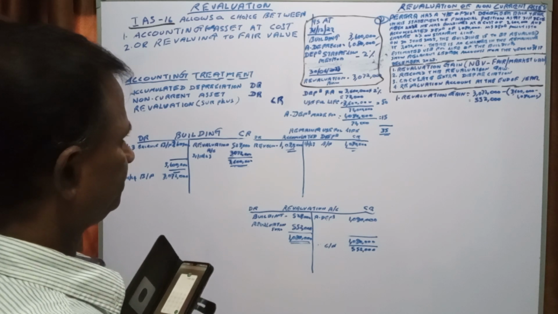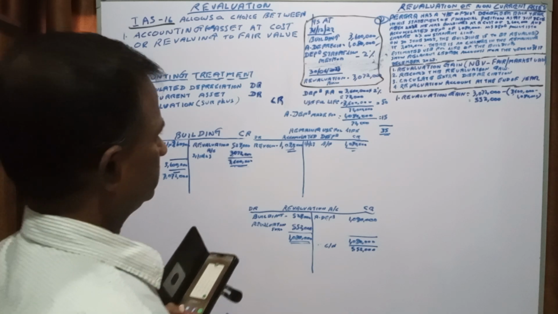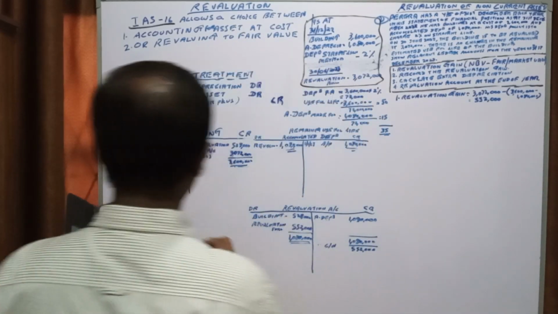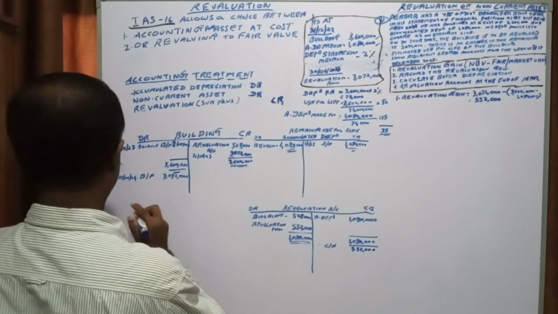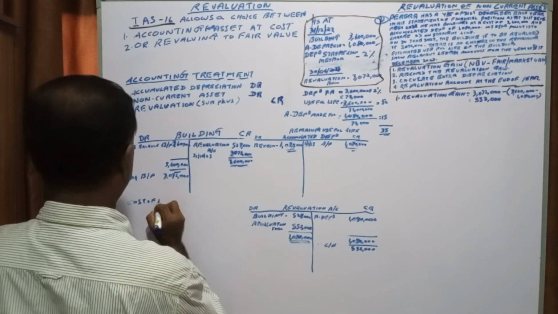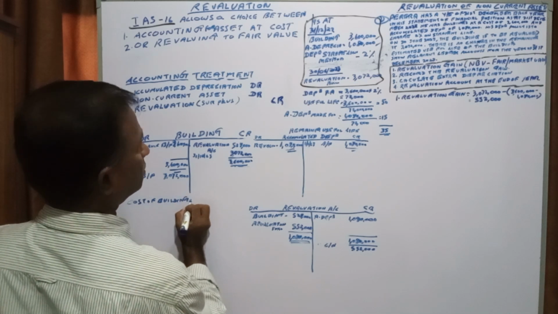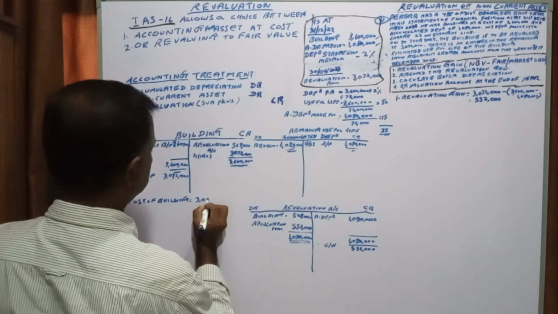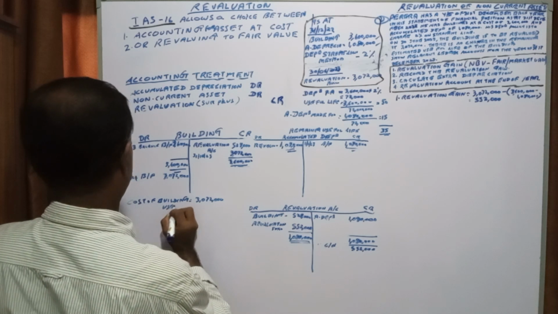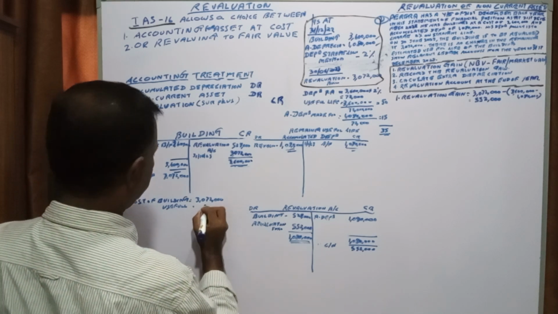Now the cost of the building is 3,072,000. Useful life equals 35 years.